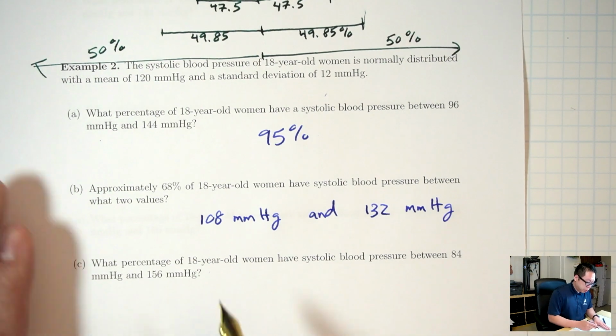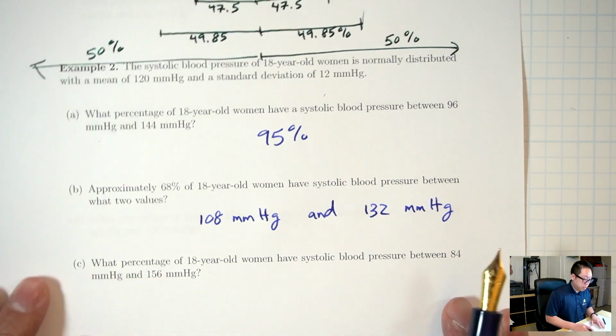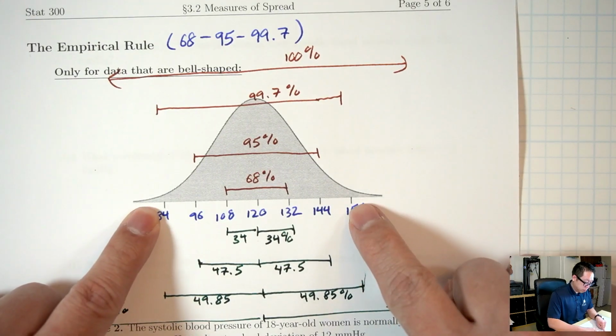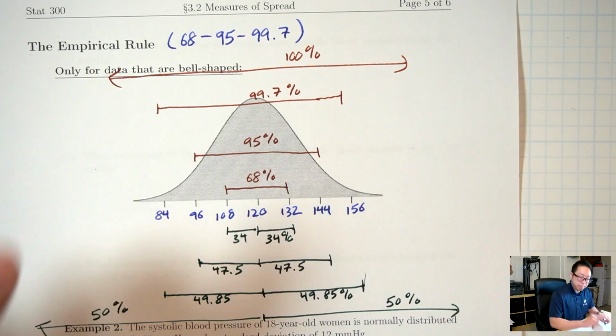Part C, what percent of 18-year-old women have blood pressure between 84 and 156? 84, 156, that is 99.7%.